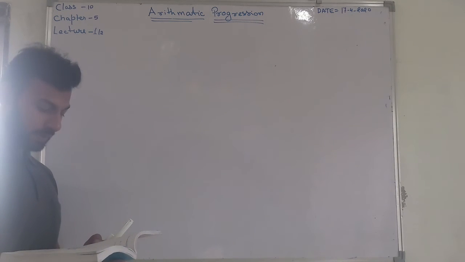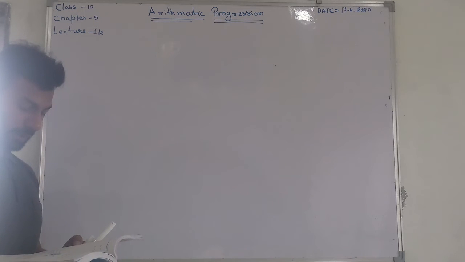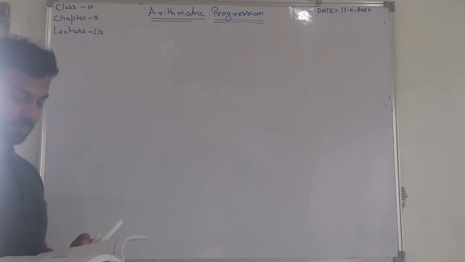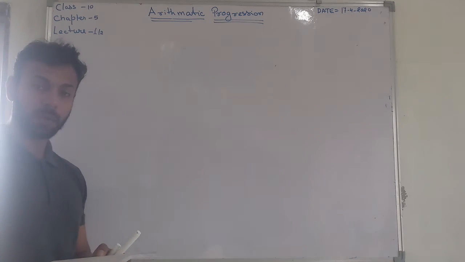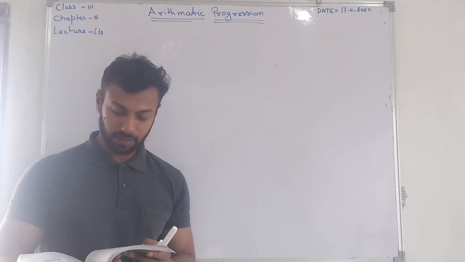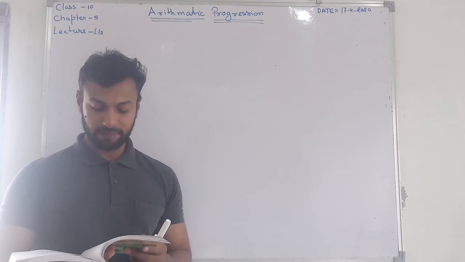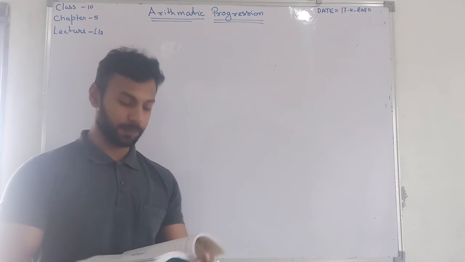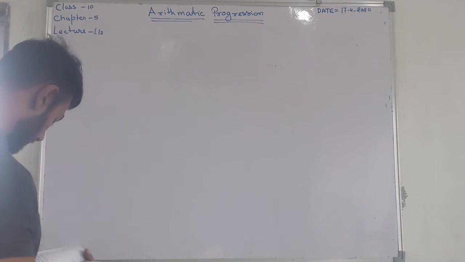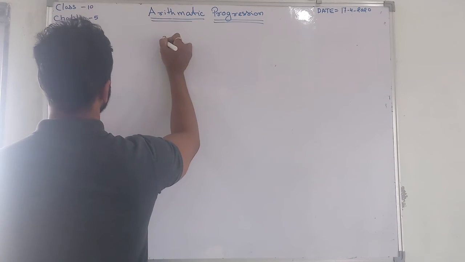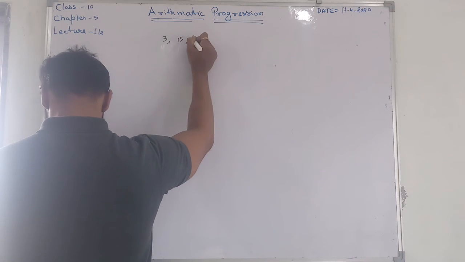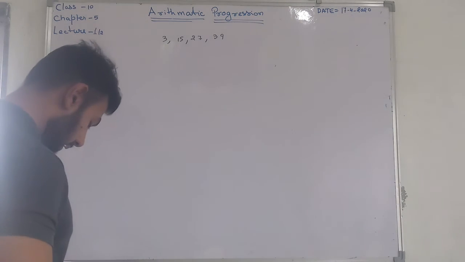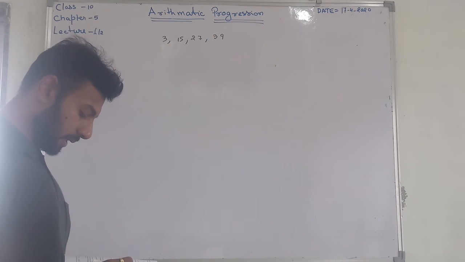Which term of the AP 3, 15, 27, 39 will be 132 more than its 54th term? So the AP is given as 3, 15, 27 and 39.